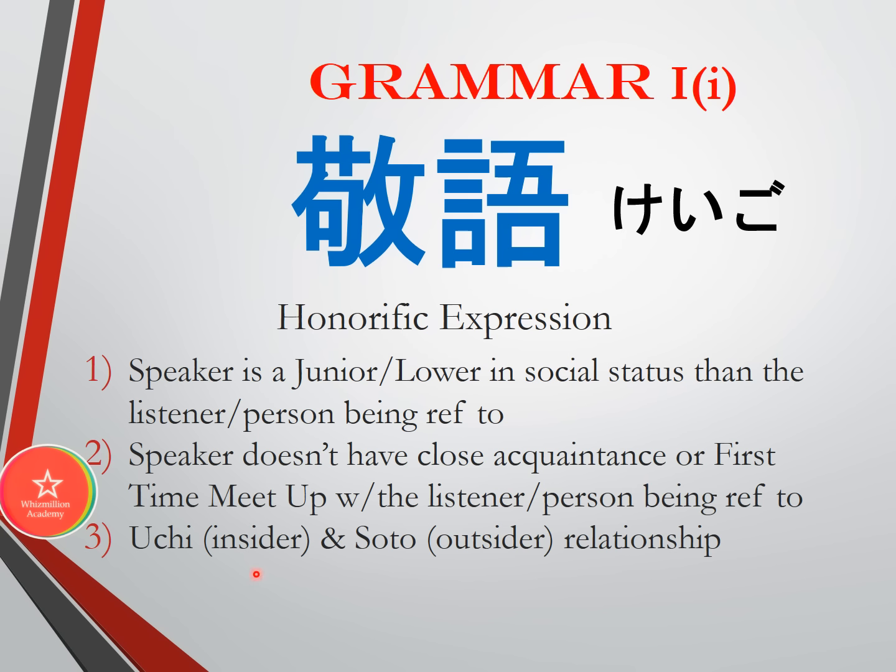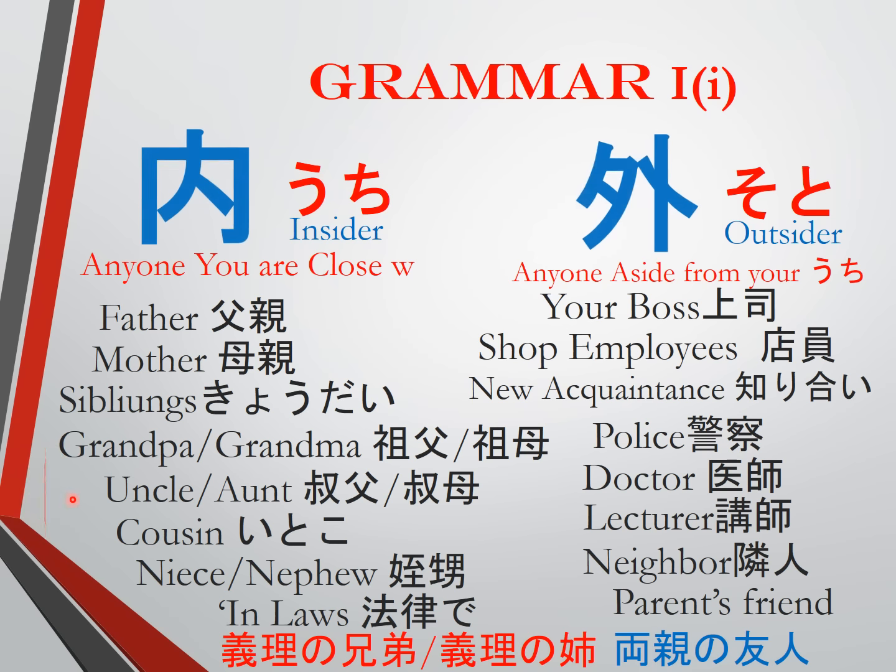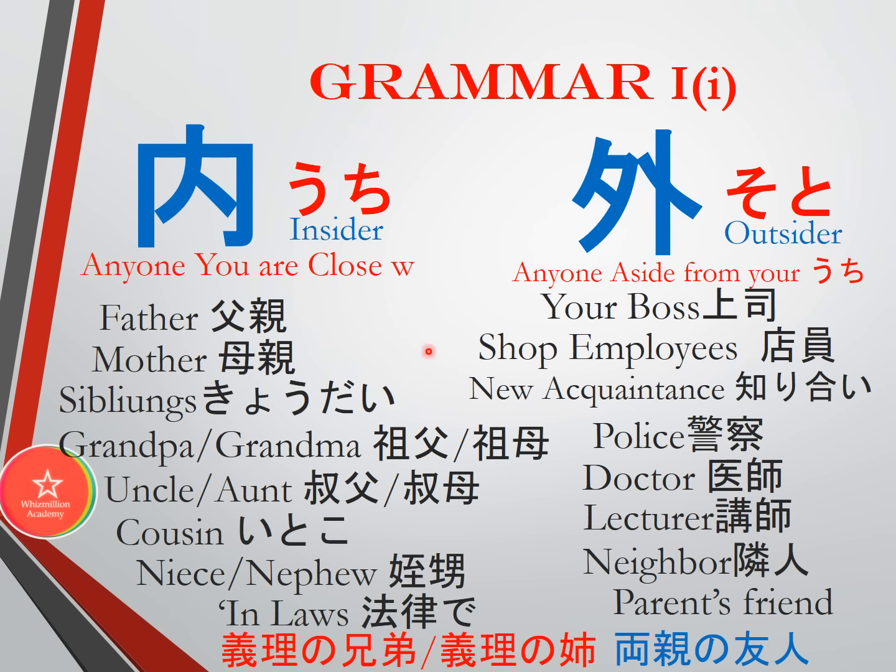The third factor is the uchi and soto, insider and outsider relationship. In the Japanese language, there's a grammar differentiation when you're speaking to an insider or an outsider, soto, or when you're speaking about somebody in your family or somebody outside your family.